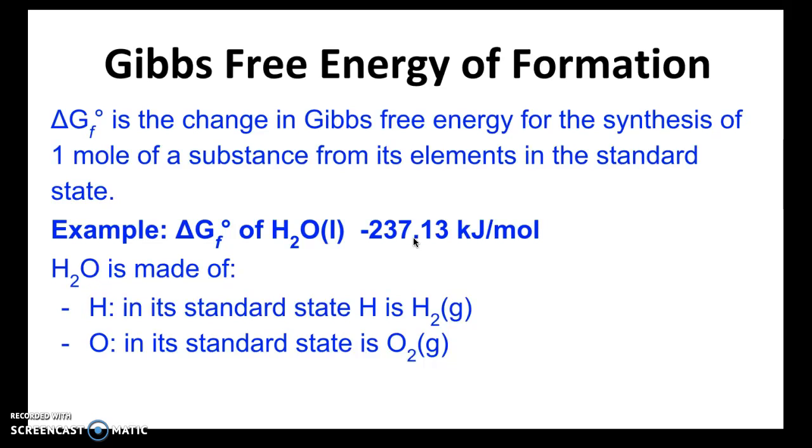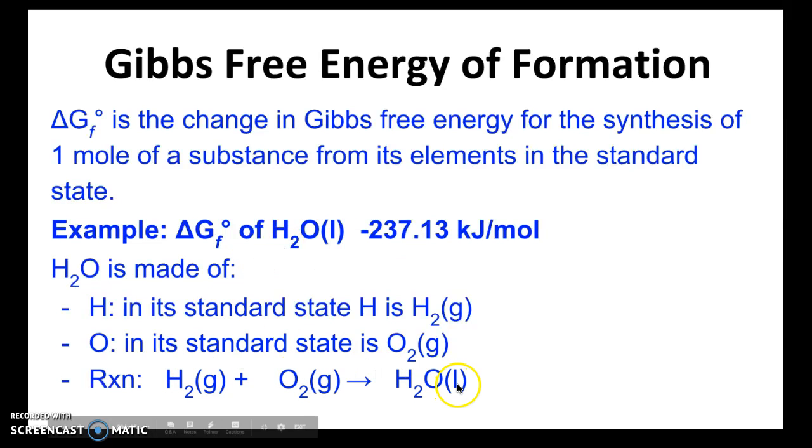So these two are going to be the reactants that are used to make H2O. And so we write them out here: H2 plus O2 goes to form H2O. We're almost done. The last thing we need to consider is that, in addition to forming H2O from its elements in standard state, we're only going to form 1 mole of it. So the coefficient in front of H2O must remain 1, and then we use that to balance the rest of the equation.